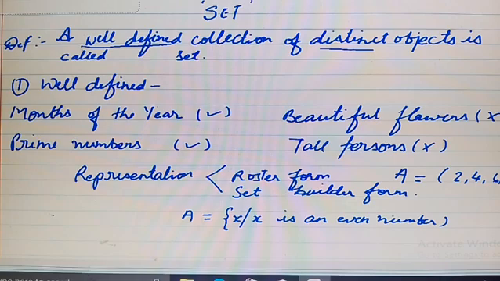Yes, this is the set of even numbers. So these are the two methods of writing a set. One is roster method and second is set builder method.